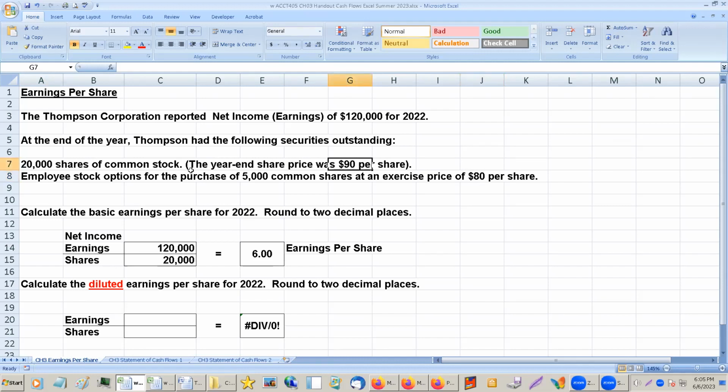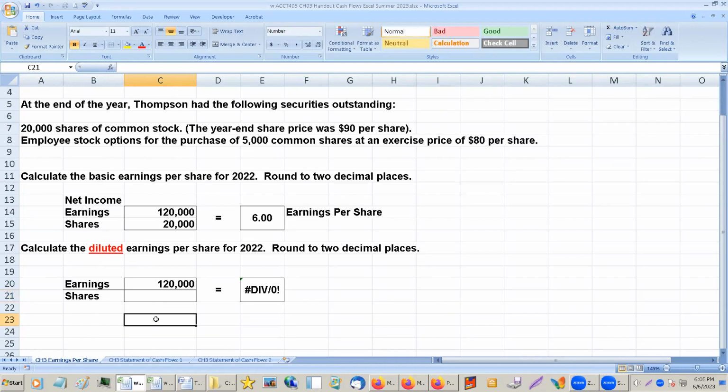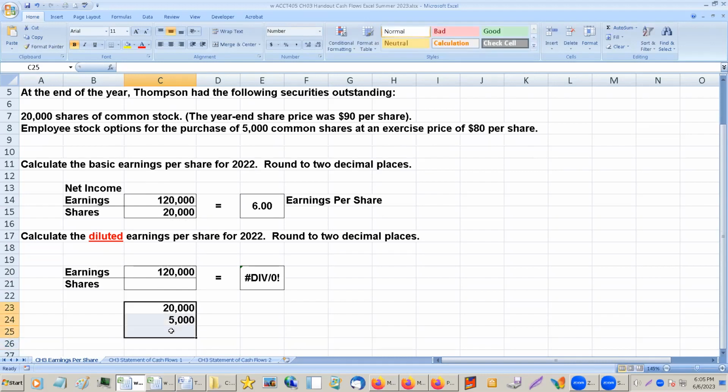So it's somewhat likely that they're going to do just that. They're going to buy 5,000 of these common stock shares. So the earnings will be the same, but the shares will be the original 20,000 plus the 5,000 that are likely to be exercised.